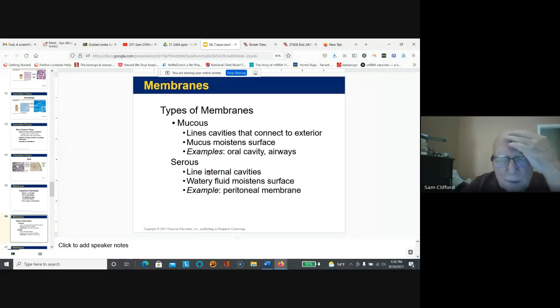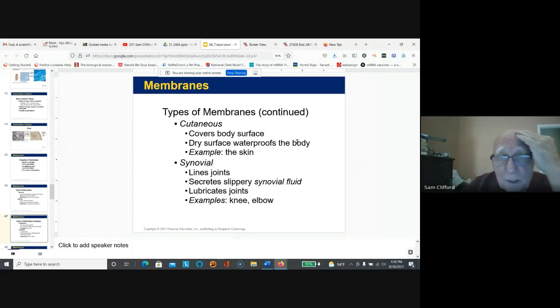Also lines the pleural cavity and the pericardial cavity. Cutaneous is your skin, covers your body surface, and dry surface keeps you, waterproofs your body.